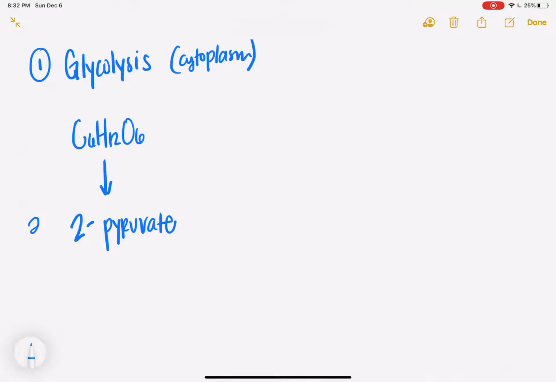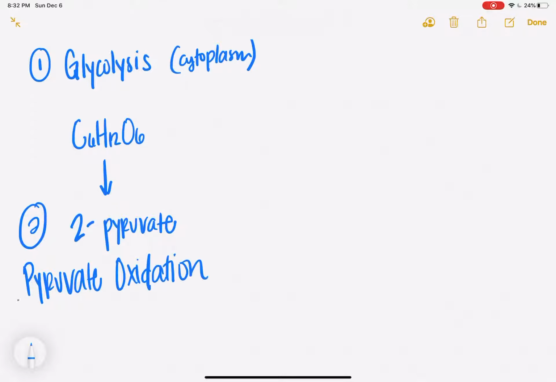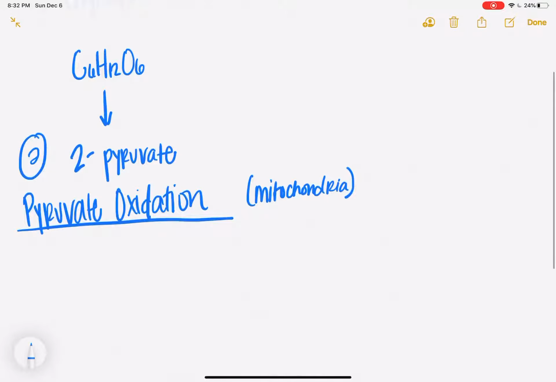Okay, step 2 is pyruvate oxidation. It's going to happen in the mitochondria. So some of that energy from the electron transport chain is actually driving that movement to the mitochondria.